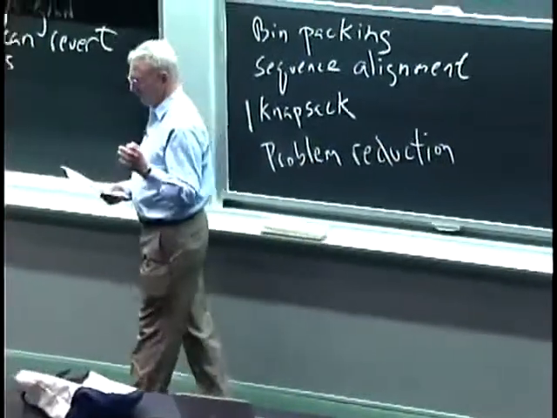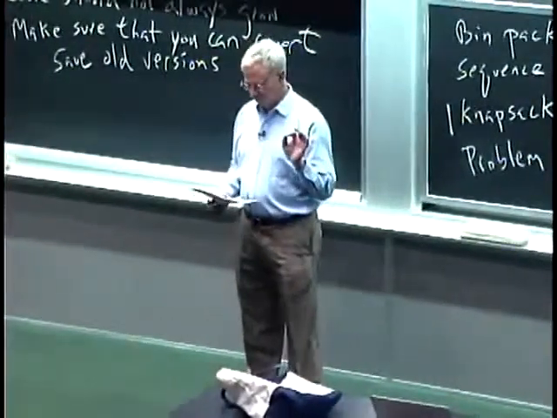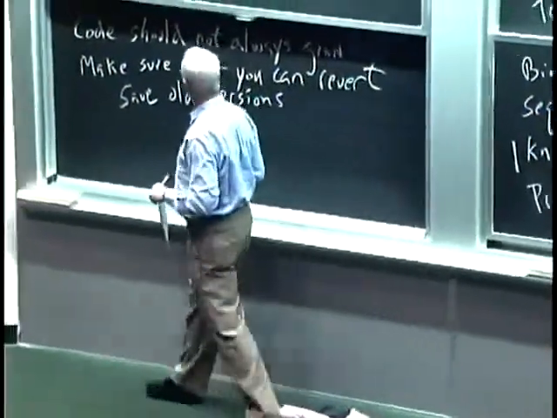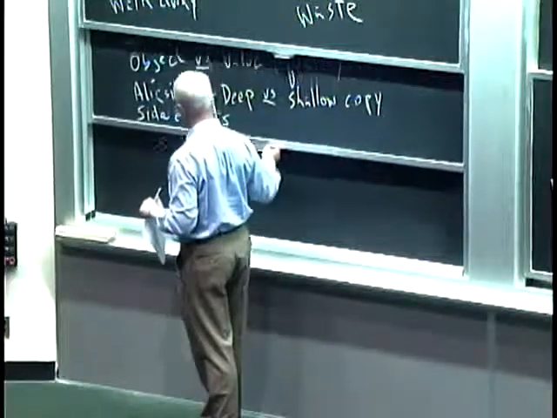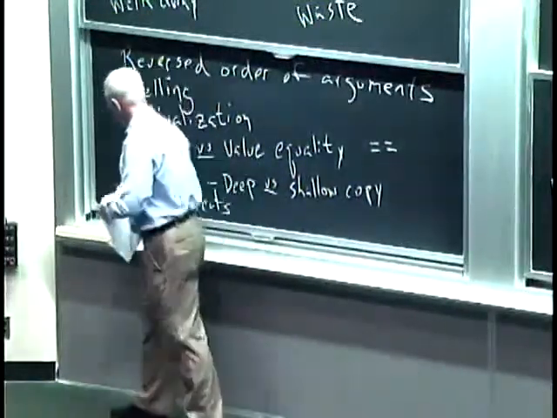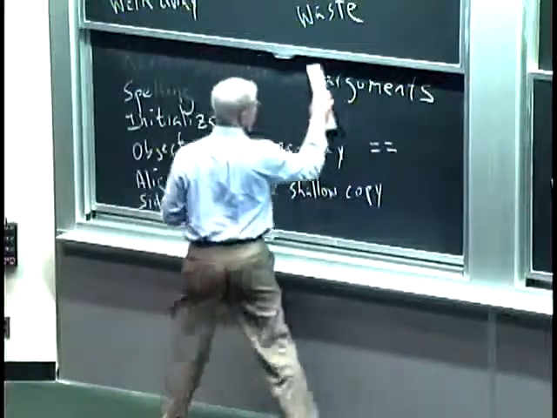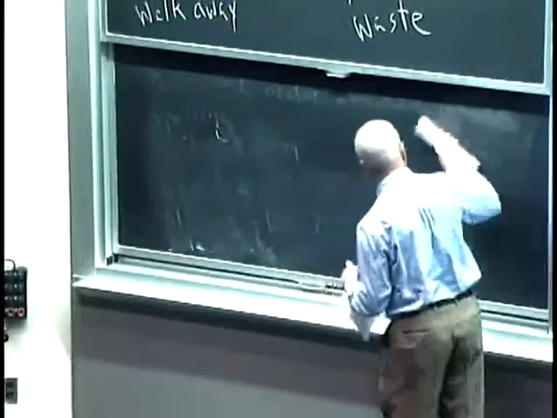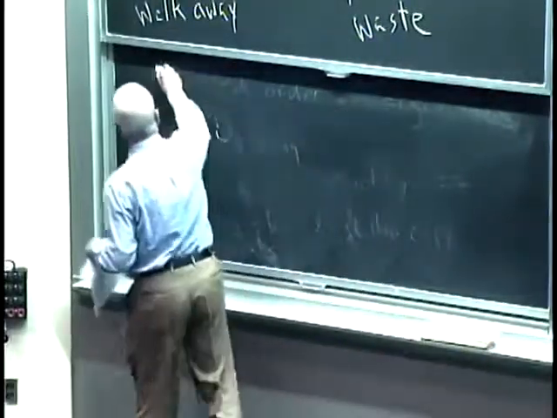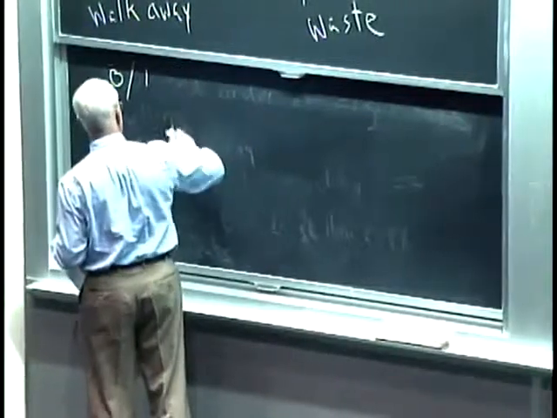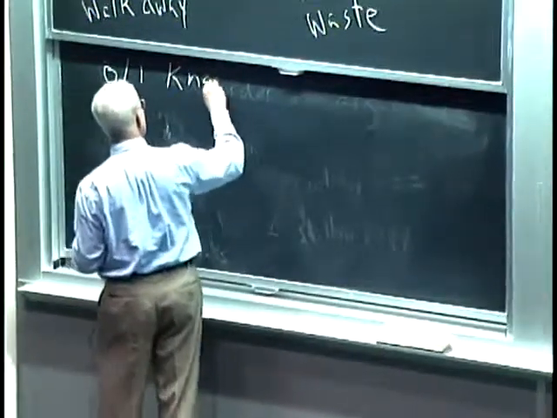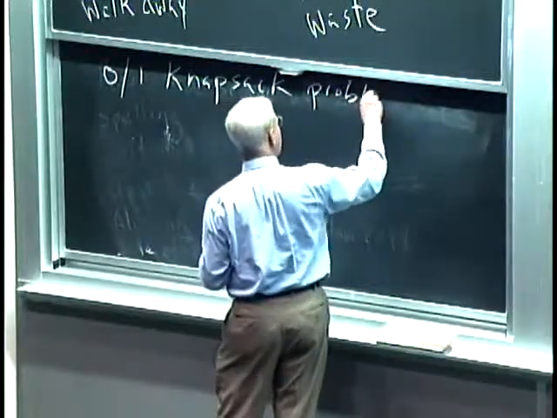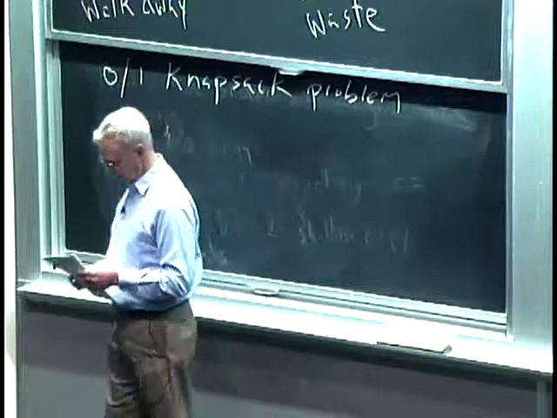But let's look for a slight variant of it where greedy is not so good. And that's what's called the 0-1 knapsack problem. This is basically a discrete version of the knapsack problem.